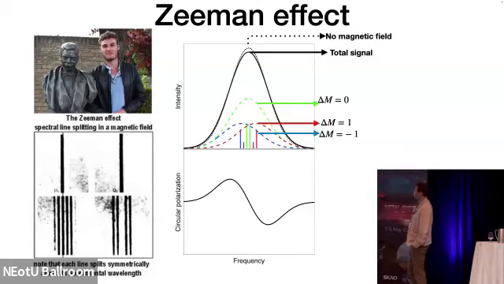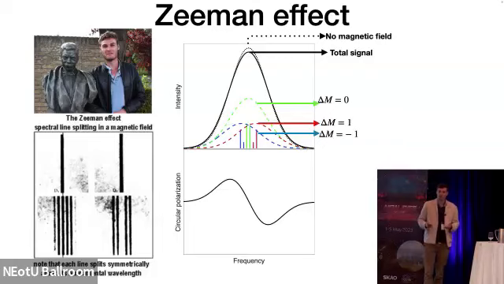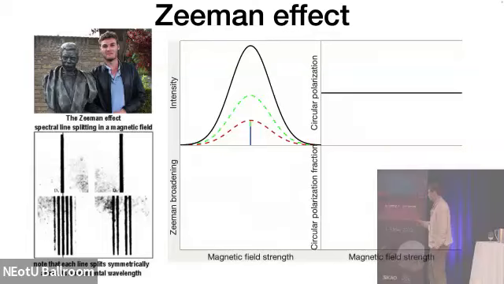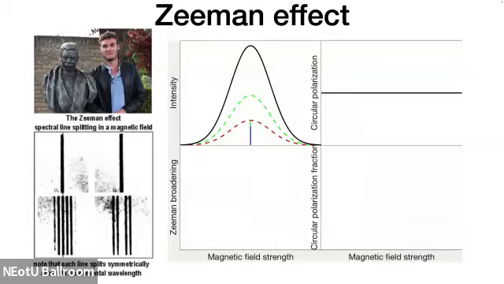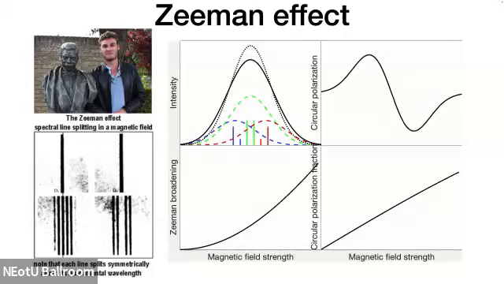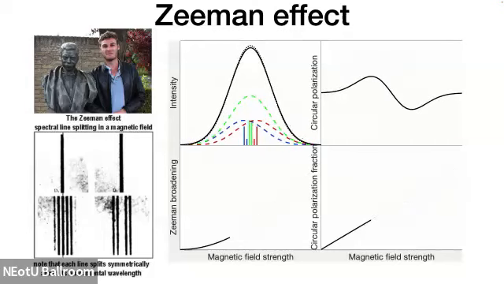What is often overlooked is that the splitting of the line also is associated with a broadening of the spectral line. And I made a little video illustrating this effect. We're going to look at the spectral line splitting up while the magnetic field strength gets larger. Then circular polarization is produced, but also the line is broadened.